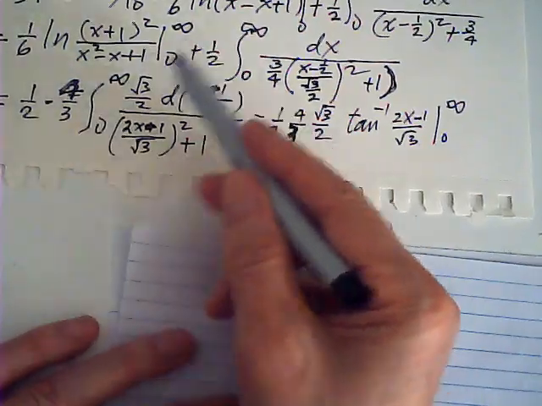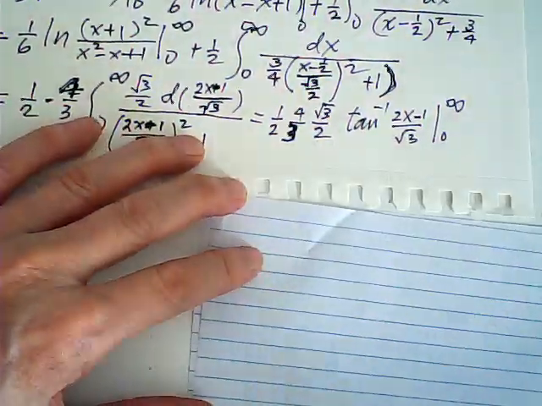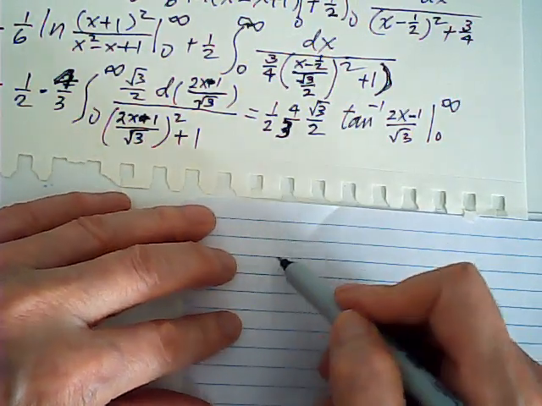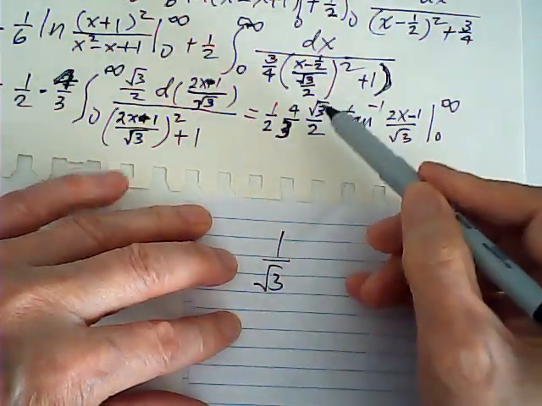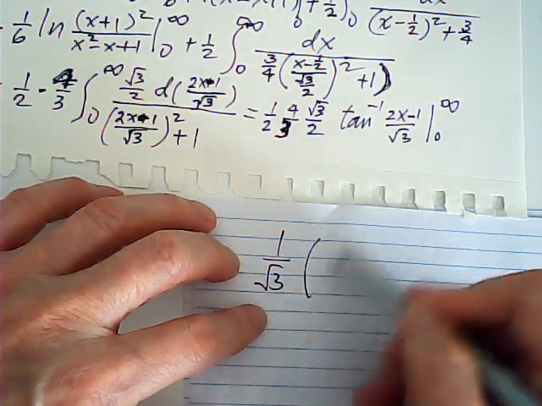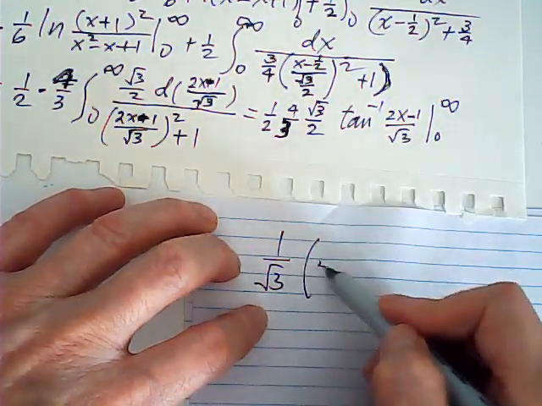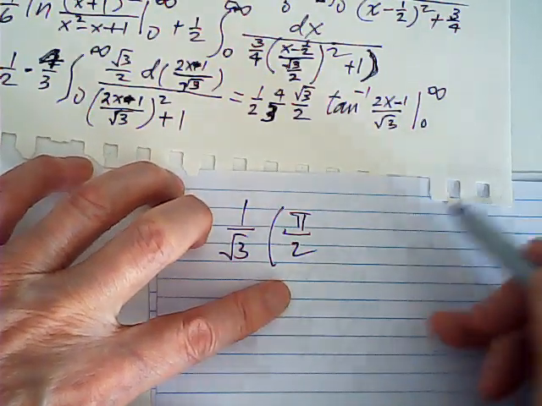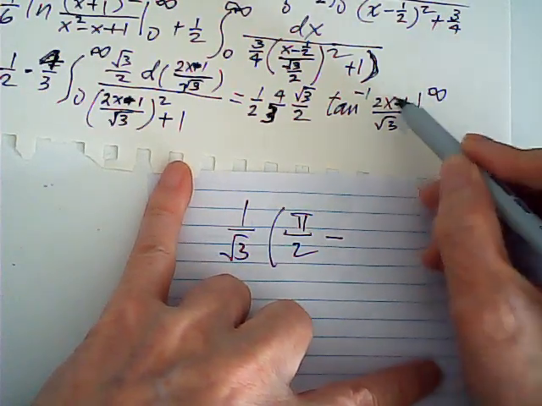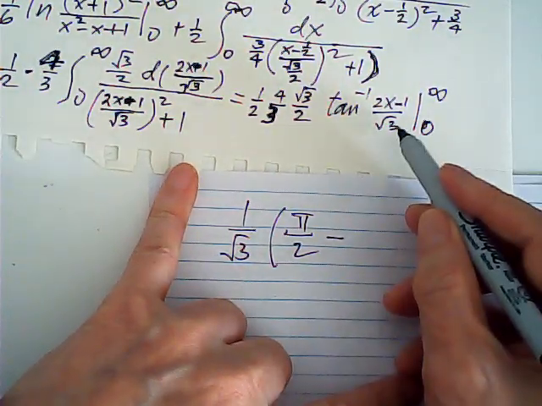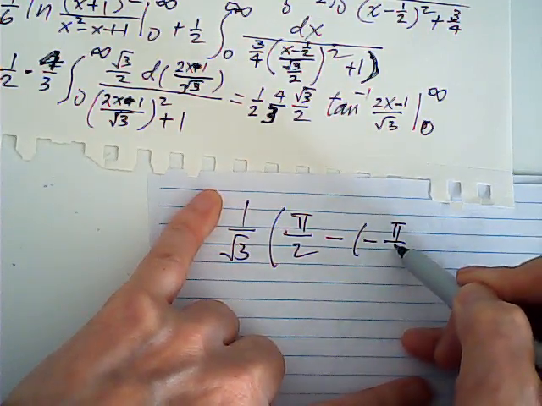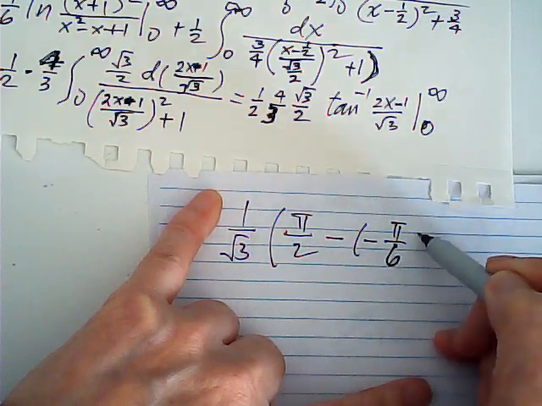Now the result is, this is root 3, right? 4 cancels with 4, root 3, multiplied by arctangent of infinity, which is half pi, minus, when x equals 0, this is a negative 1/3, negative pi over 6.